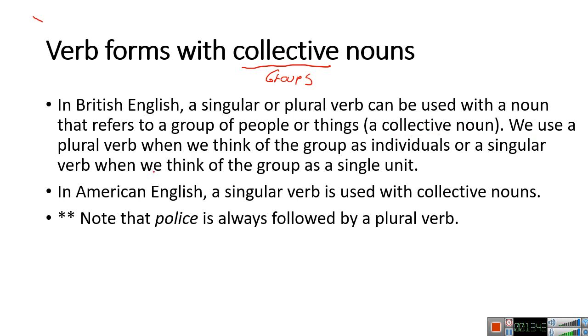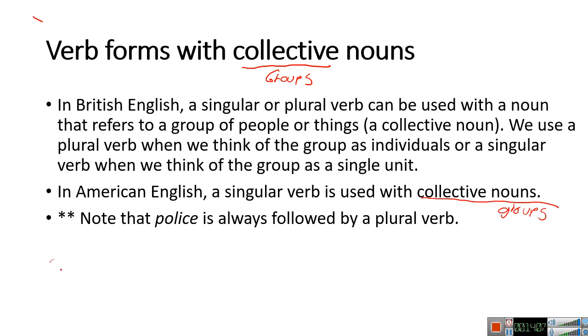We use a plural verb when we think of the group as individuals, or a singular verb when we think of the group as a single unit. In American English, a singular verb is used with collective nouns. That means groups. And note that police is always followed by a plural verb.